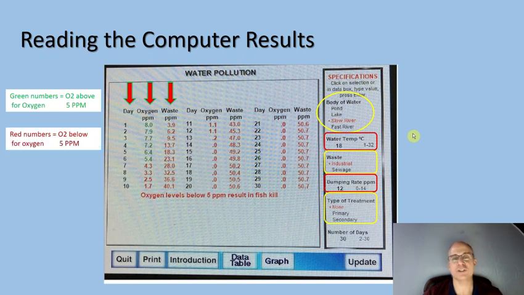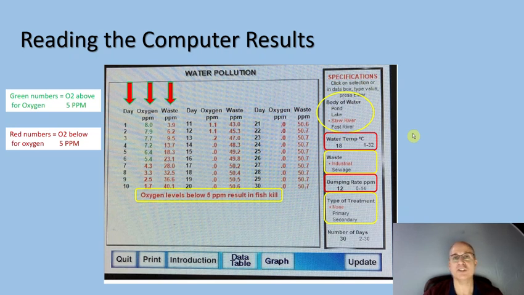If the numbers are in red, that means oxygen levels are below 5 parts per million. And in this simulation, 5 parts per million is the number that we use to represent fish kill. So less than 5 parts per million of oxygen means most fish aren't going to be able to survive in those conditions. Higher than 5 parts per million of oxygen means that most fish would be able to survive.